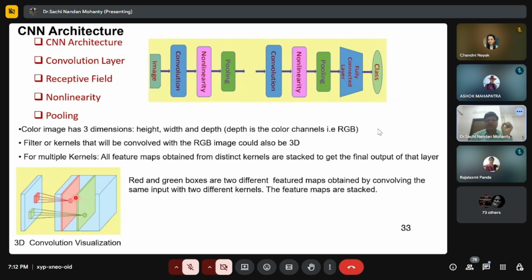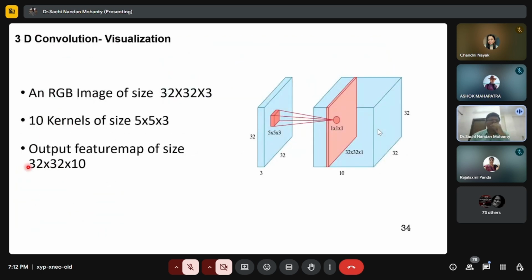Now look here, the image size is 32 by 32 by 3 for RGB, and the kernel size is 5 by 5 by 3. You have to choose the kernel size on the basis of your image, and always try to keep the kernel size an odd number.